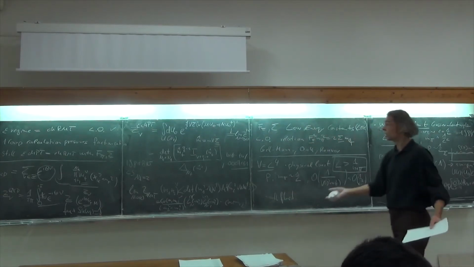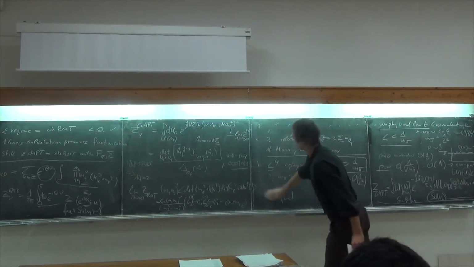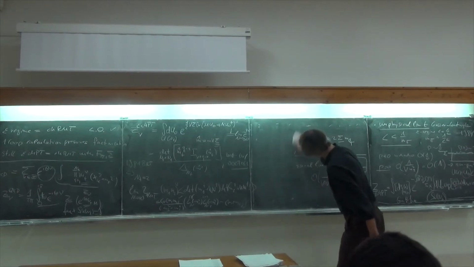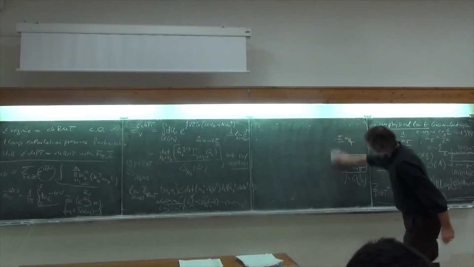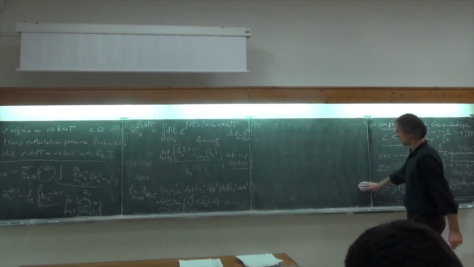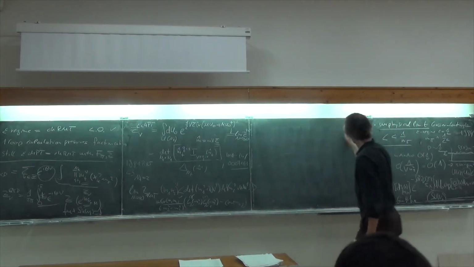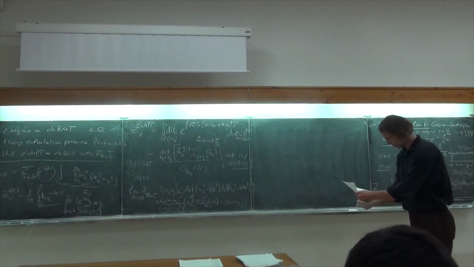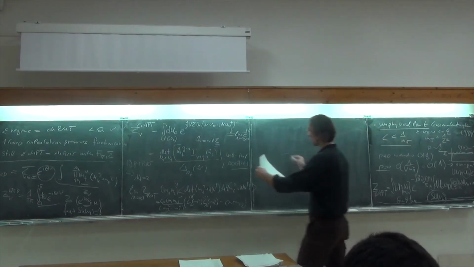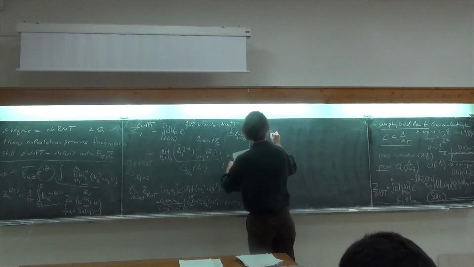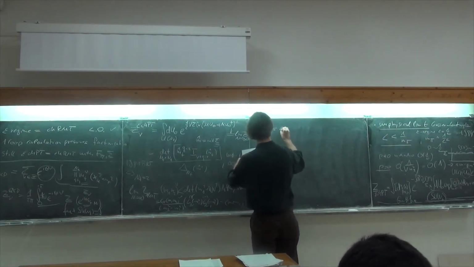Okay, it's all done. So you just need to open a book on asymptotics of classical orthogonal polynomials, for example Szegő, and then you will find that using the scaling is 4n.